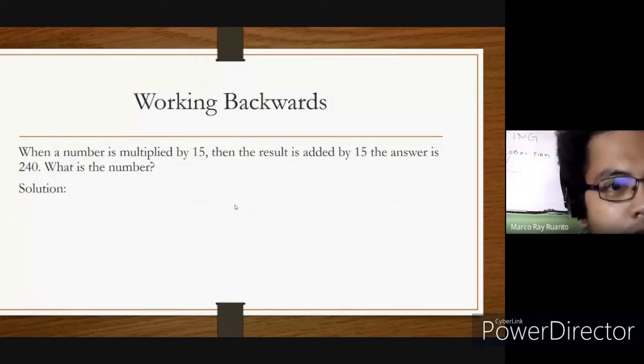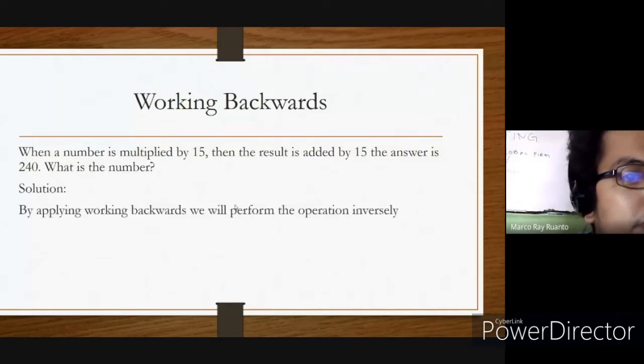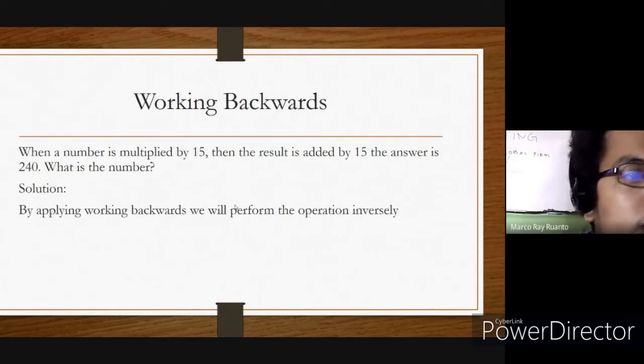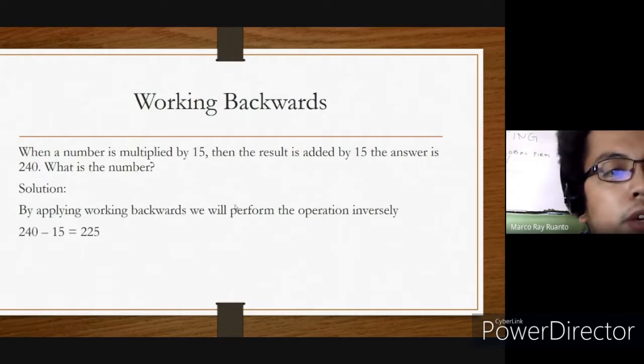In the working backwards strategy, we try to invert the operations. We will start with the answer 240. Since the last operation is adding 15, if we do it inversely, instead of adding, we will subtract. So we will have 240 minus 15, and we will get 225.